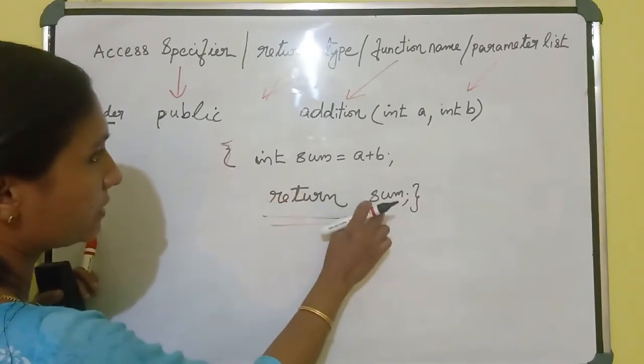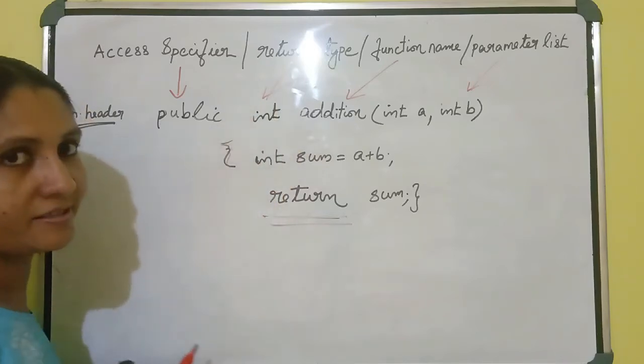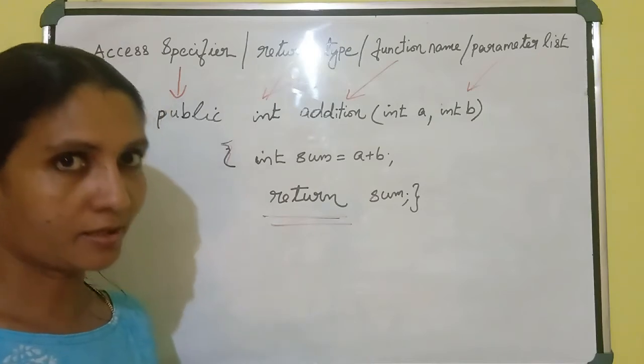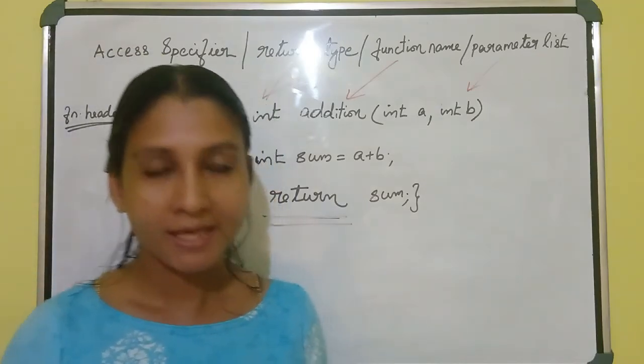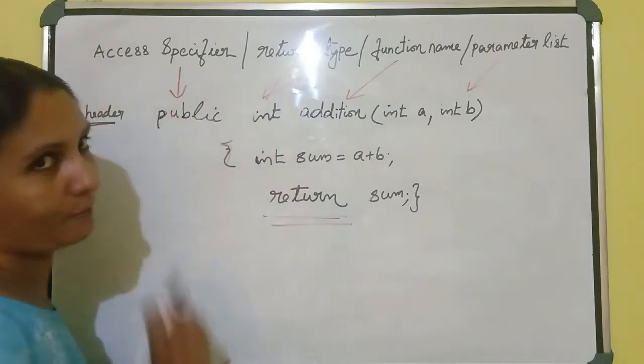What is the data type of this return value? Int. Then you have to write int here. This is called the return type. Whichever value we are returning or giving as an outcome, that value's data type you have to write in the return type part.